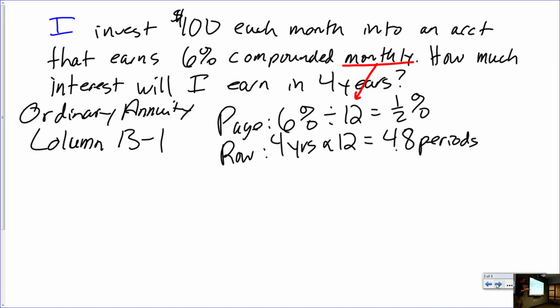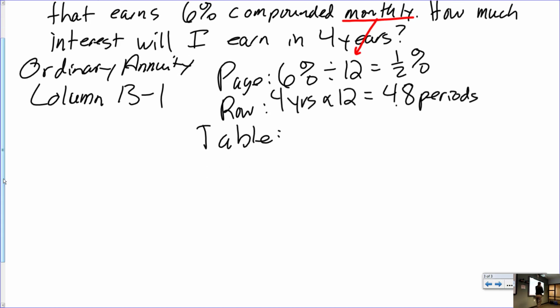You've got the page, you've got the row, you know what column you're in. What's our table value? $54.0979. What do I do with that number?